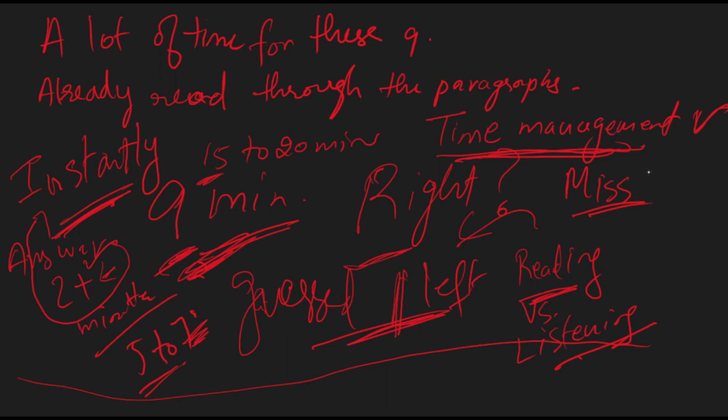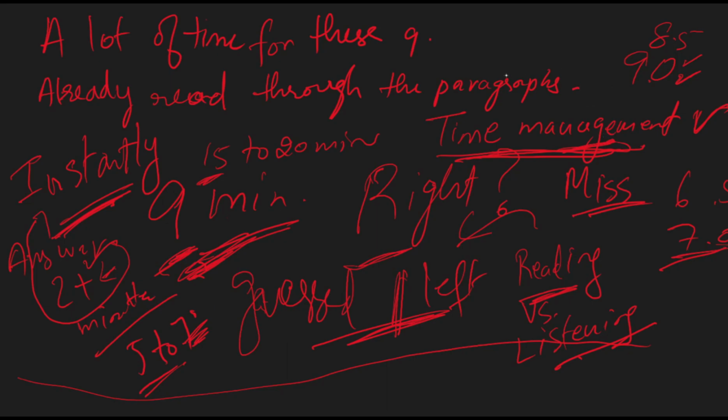Trust me. Yes, you might score like 6, 6.5. You might even score 7.0. But those who are aiming for 9 or 8.5, are you gonna score that much without this? No, you're not gonna do that, right?